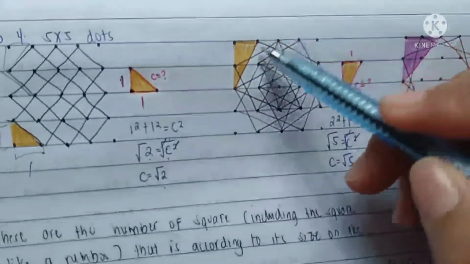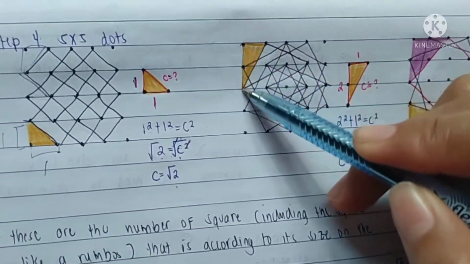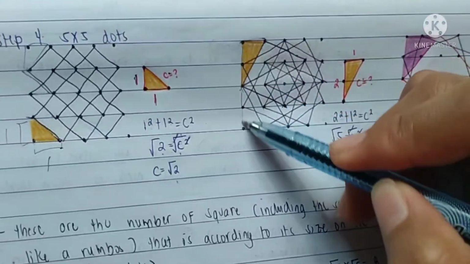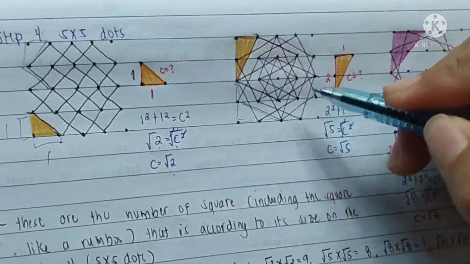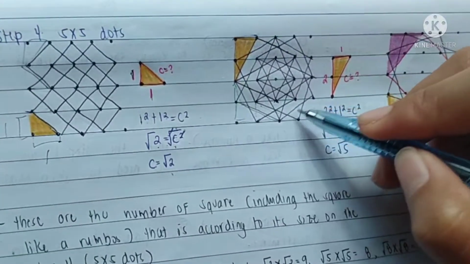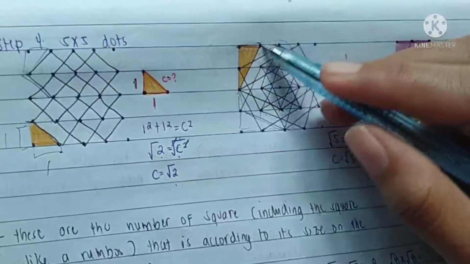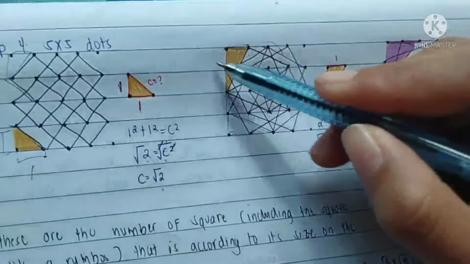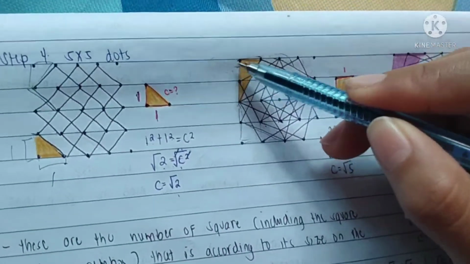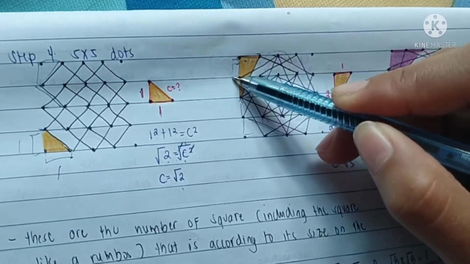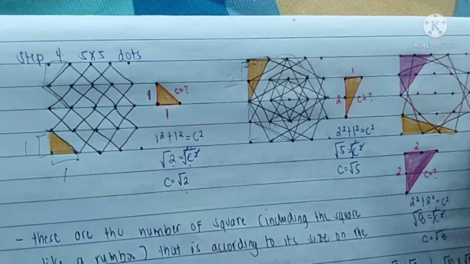Ito yung gagamitin nating representation. Meron din dito. Tapos, ito, same size din tong lahat ng to. So, ito, pag mag-move tayo dito, move tayo 1 and 2. So, ito magiging 2.